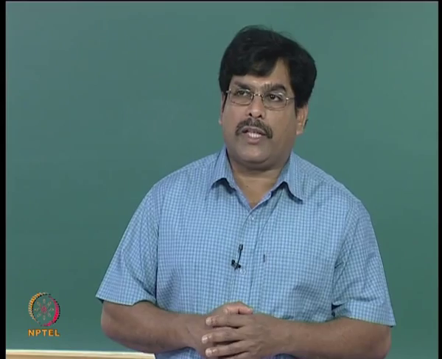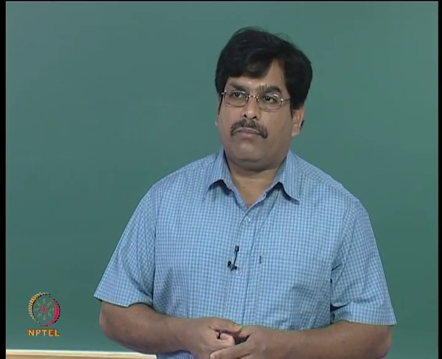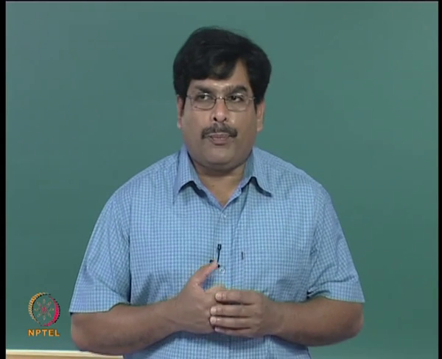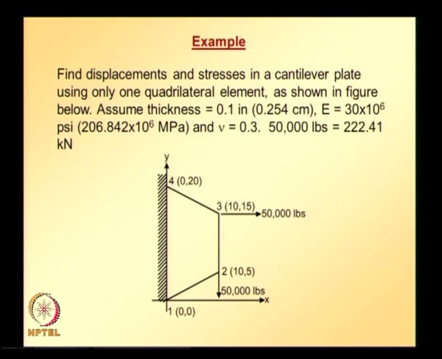Again, all the quantities are given both in FPS units and SI units, and since the quantities given in FPS units are round numbers, we will proceed with FPS units. It is not going to make much difference, because as long as we are consistent with the units, we get the same solution.